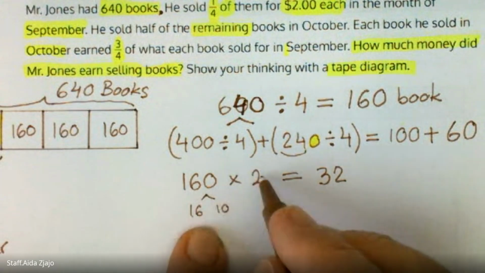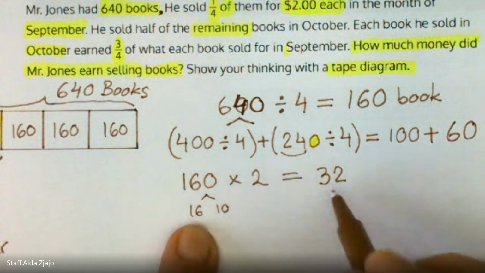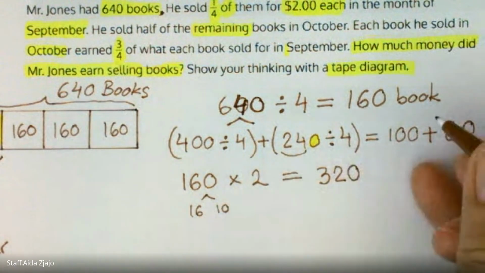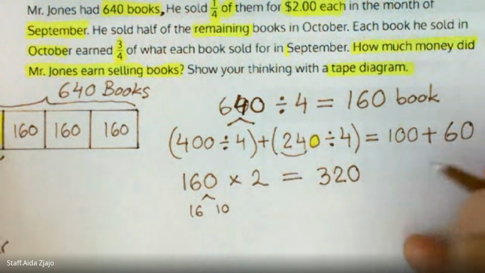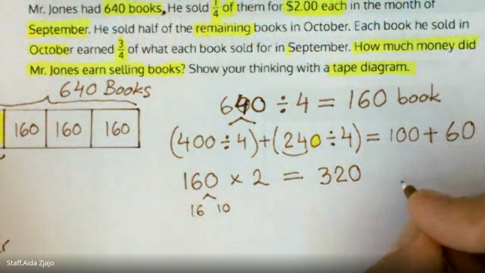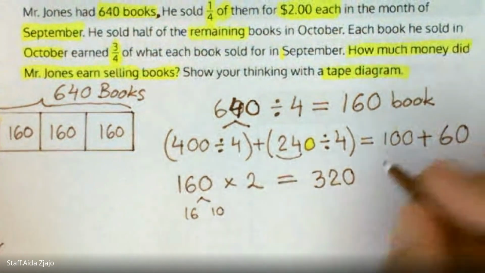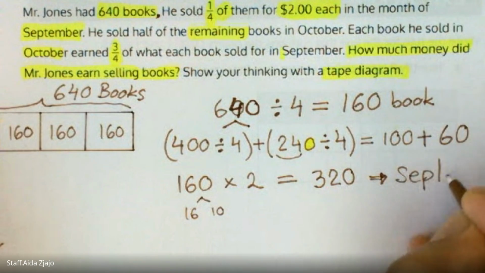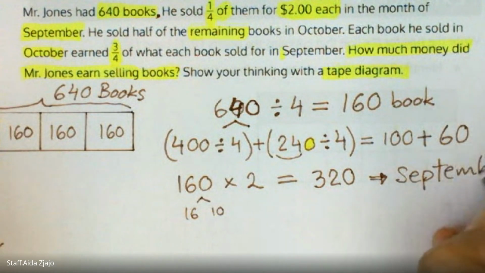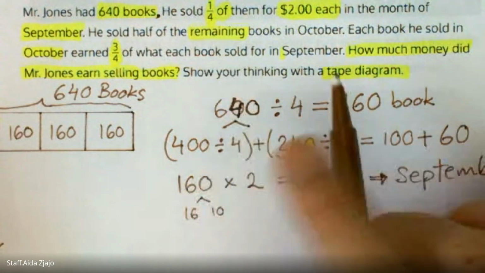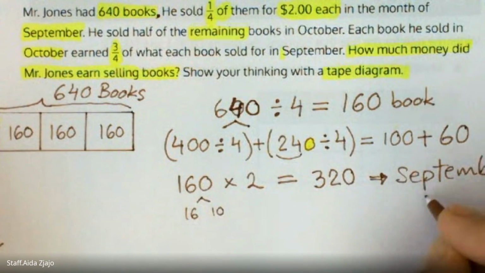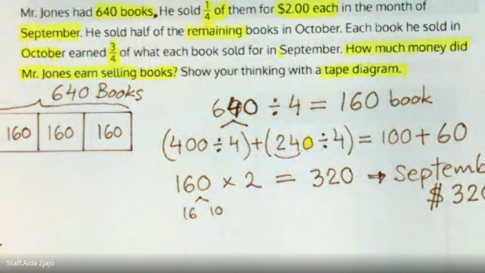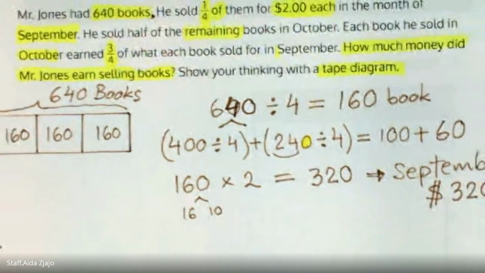So 16 times 2 is 32, and times 10 is 320. So in September he earned $320. Okay, now let's go back to the story.